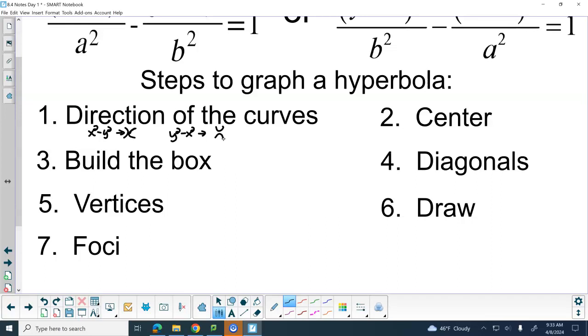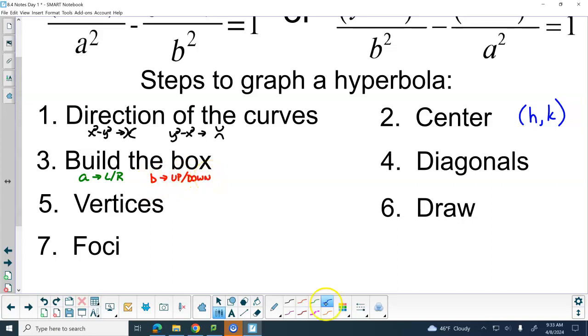Our center is step number 2. That's going to be at the point h, k. We build the box. A is left and right. B is up and down.